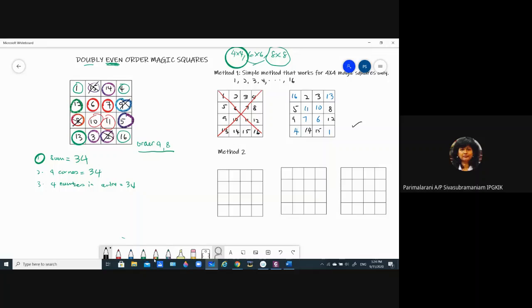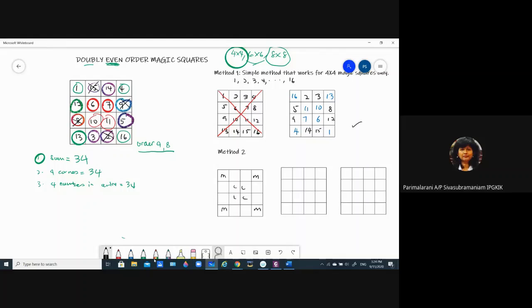We are going to fill in these squares first. We're going to fill with numbers 1 to 16, but only for the squares that we have marked with M or L. The others we're going to leave blank.